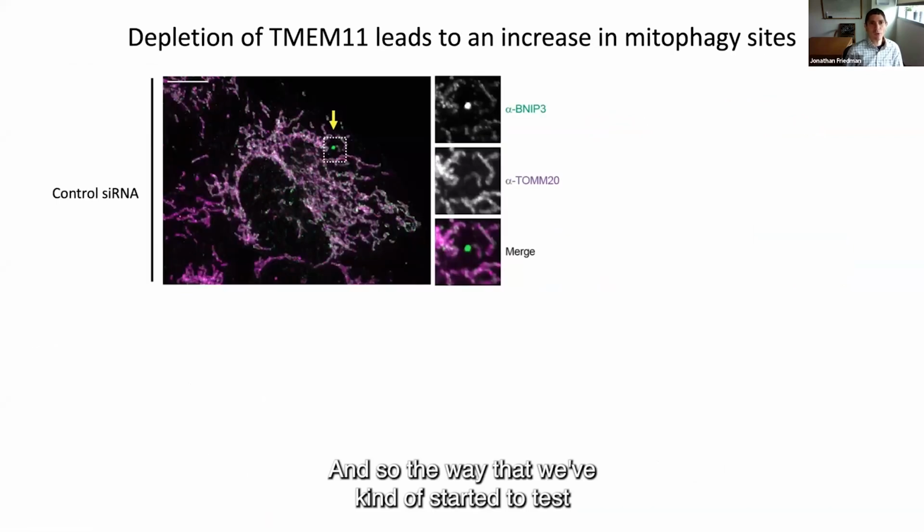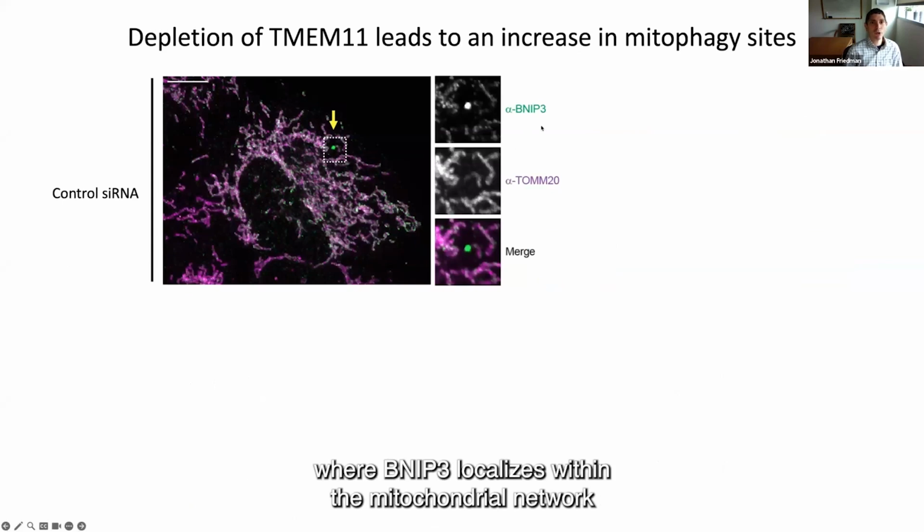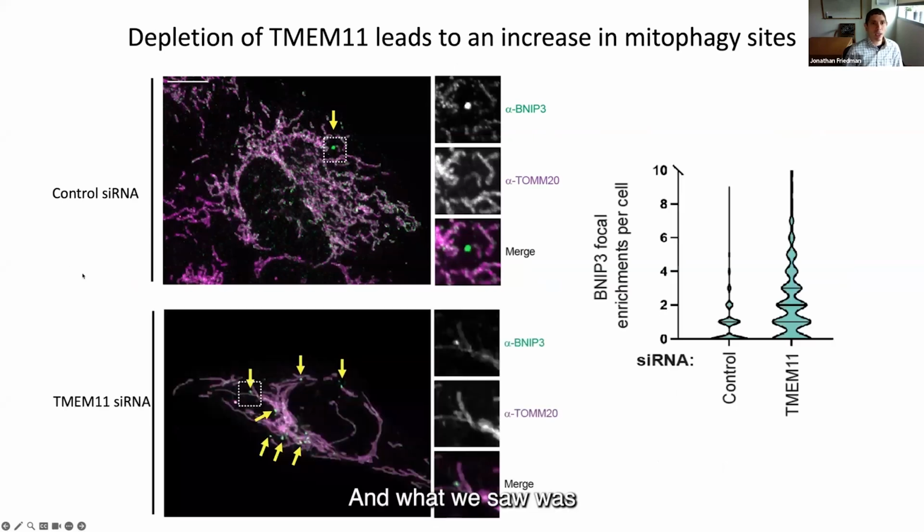And so the way that we started to test that model was to look at where BNIP3 localizes within the mitochondrial network during mitophagy in the presence and absence of Team M11. And what we saw was that when we knocked down Team M11, here on the bottom, we'd get these cells with just drastic numbers of BNIP3 sites.